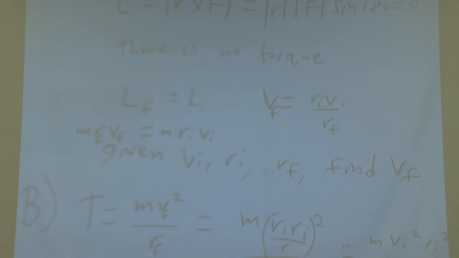So I used the equation, I guess it's kind of hard to see. Let me write it larger. M RF VF equals M RI VI. I canceled out these.